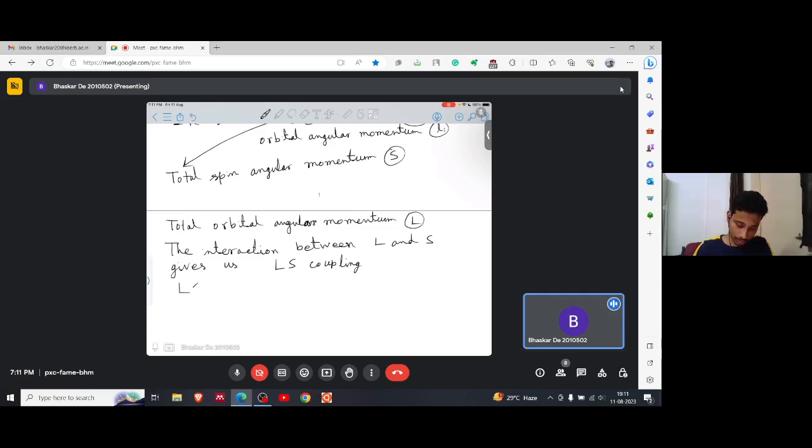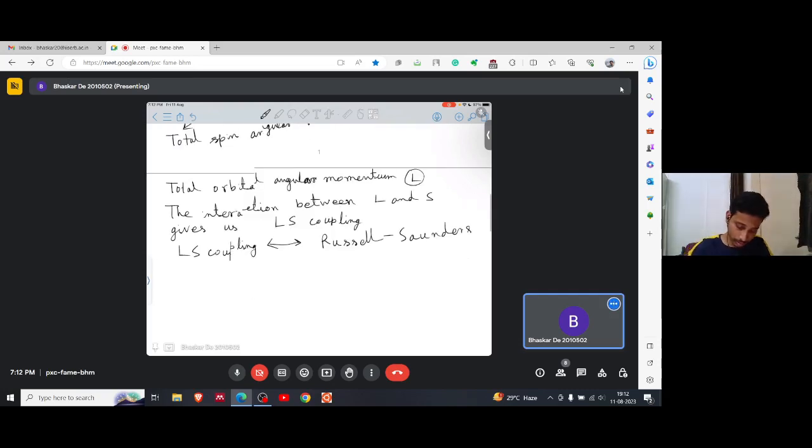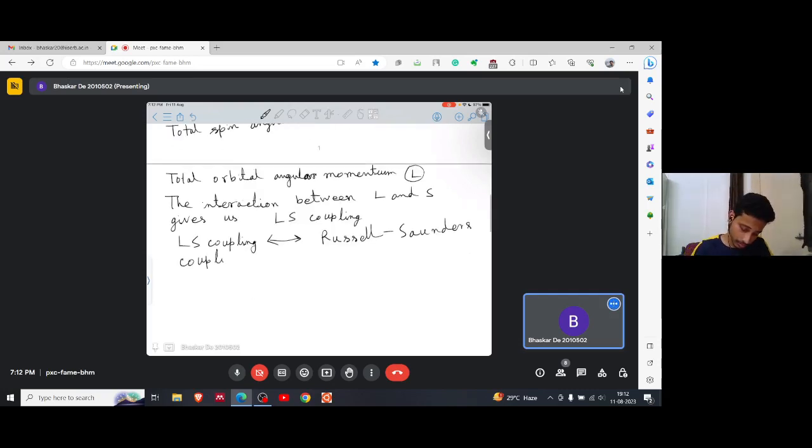Now this LS coupling has also another name. This is also known as Russell Saunders coupling. Okay, so Russell and Saunders are two physicists, and this is known as LS coupling.